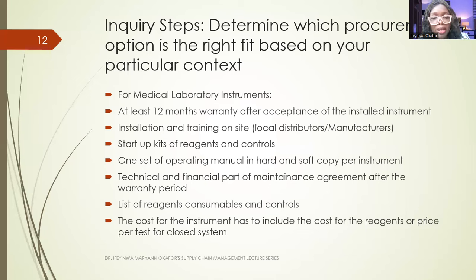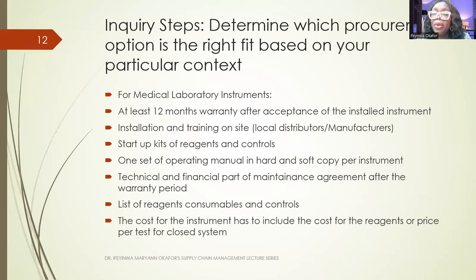Then the list of reagents, consumables and controls. We decide this at this stage, and the cost for the instrument has to be included. Also the cost for the reagents, or the price per test for a closed system.